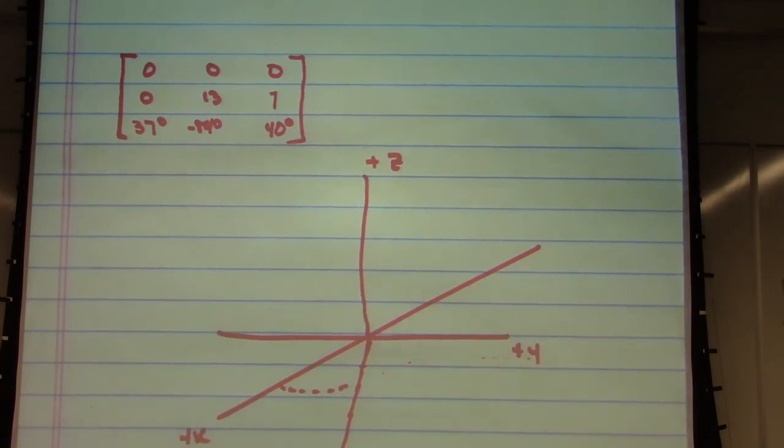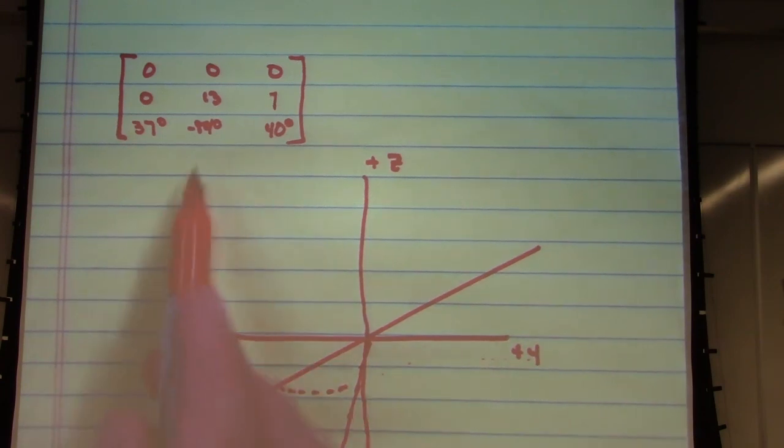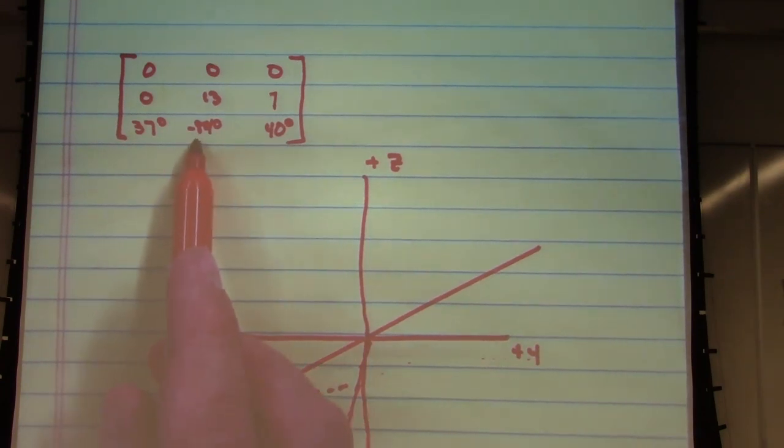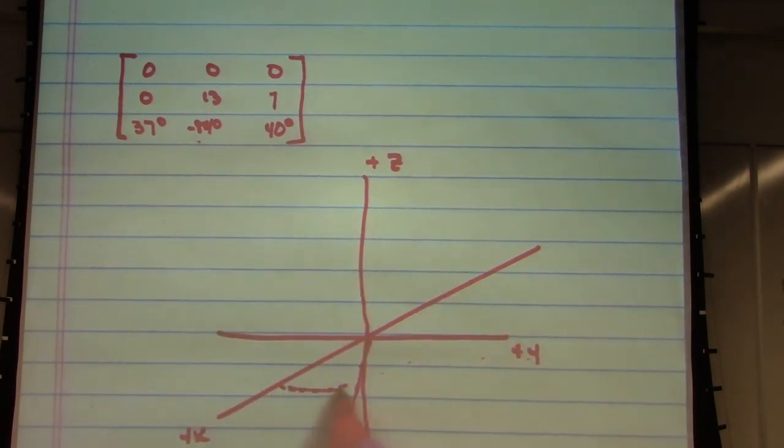Then what are we doing? Moving 13 units. That is the length. Well, it's facing a negative 84 degree angle. So from here, we're shooting down.